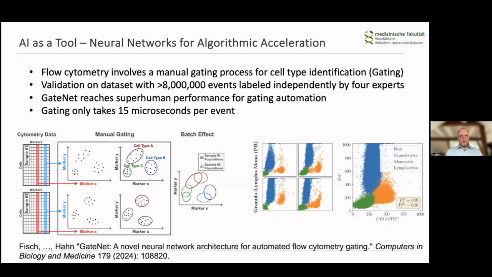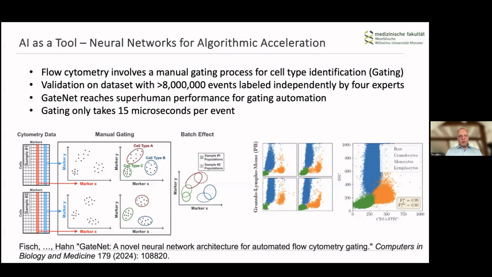We had a data set with more than 8 million events, so more than 8 million cells in those samples, and we had them labeled independently by 4 experts. Then we trained the neural network that does the gating, which we called GateNet, on these experts.